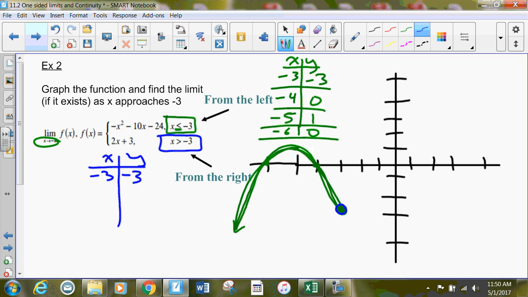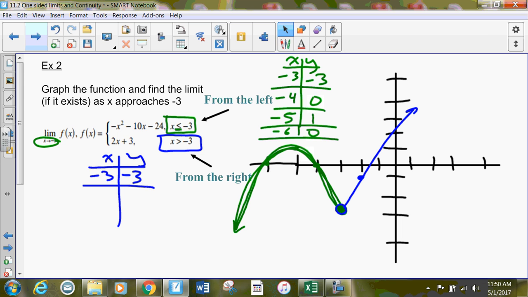I mean, it's really already filled in, but if you wanted to do it as a placeholder, we could do the rest of the line as a slope. We could go up 2 over 1 and draw a line from there, or we could continue to plot another point. Either way, we can see that coming from the left and coming from the right, both of the limits are equal to -3.